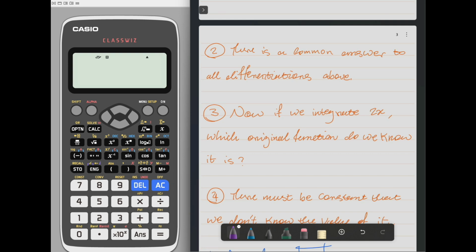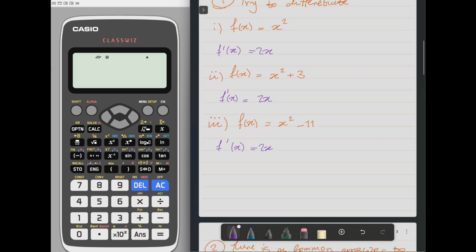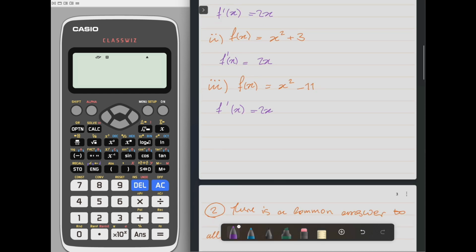As for step 2, there is a common answer to all the differentiations above. True. Now, if we integrate 2x, which original function do we know it is? We said that integration is the exact reverse process of differentiation. So if I integrate f dash x with respect to x, it is going to give me f of x.